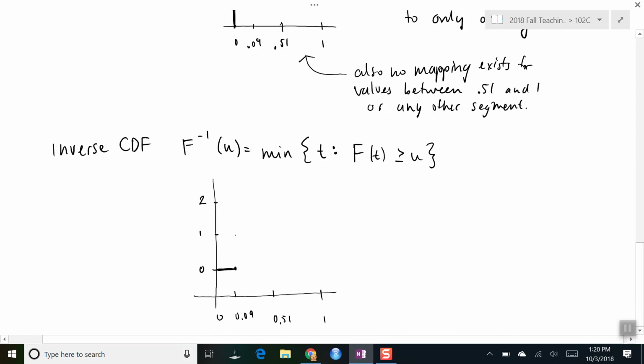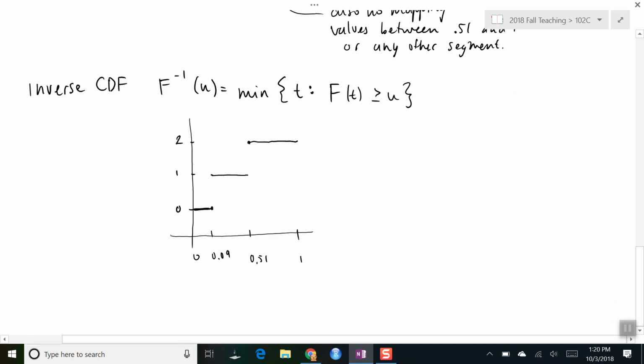So I have to go up to the next value, and 1 will be the smallest value I can use that's going to produce a CDF value bigger than 0.1. Okay, and that it's going to produce the value 0.51. That's fine. So everything bigger than 0.09 and less than 0.51 is going to get mapped to 1, and then lastly, everything bigger than 0.51 and smaller than 1 will get mapped to 2.